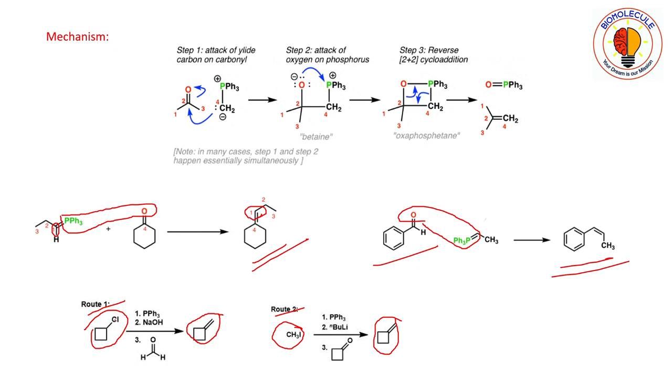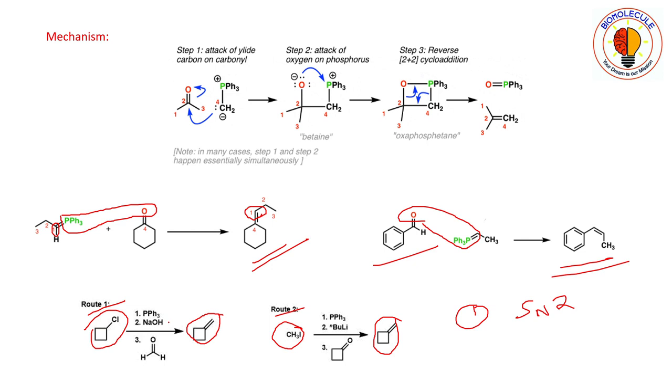This secondary alkyl halide will be reluctant to undergo SN2 reaction, whereas this primary alkyl halide will easily undergo SN2 reaction. So point number 1, SN2 reaction.